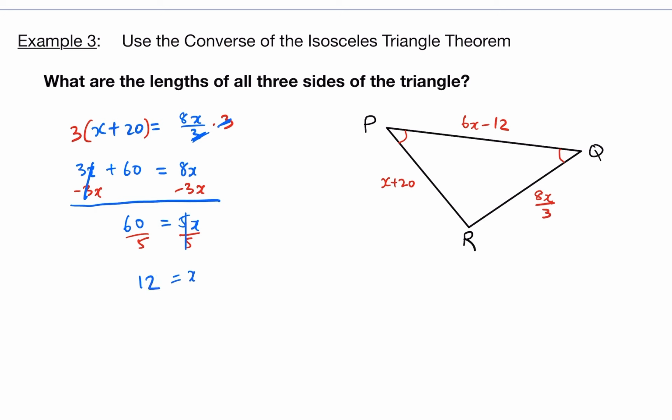Now, the reason we went ahead and solved for x is because once we have x, we can replace x with the value that we just solved and find the length of this side.